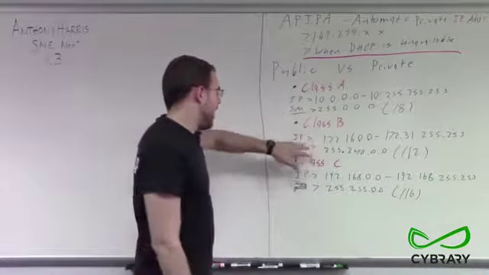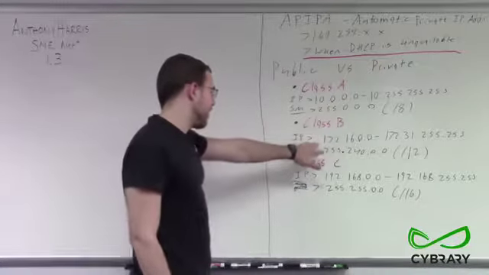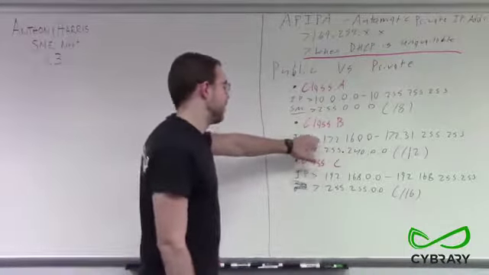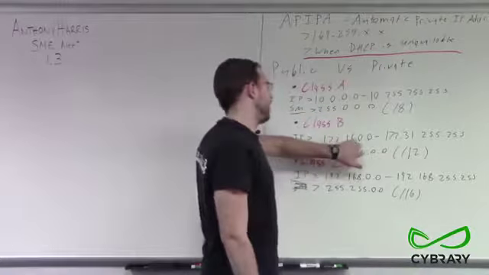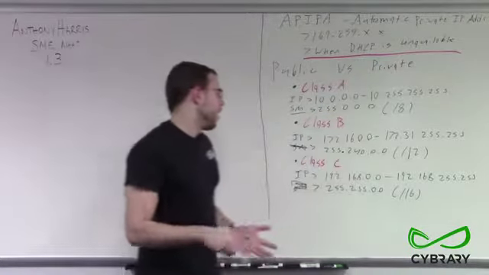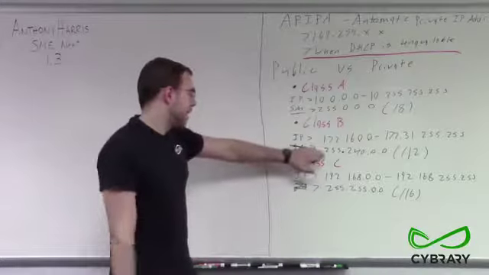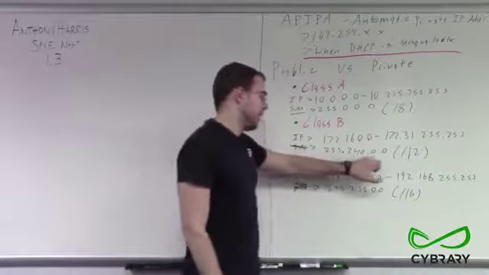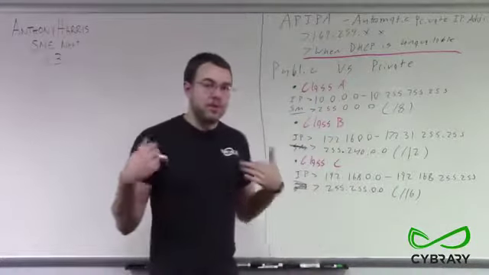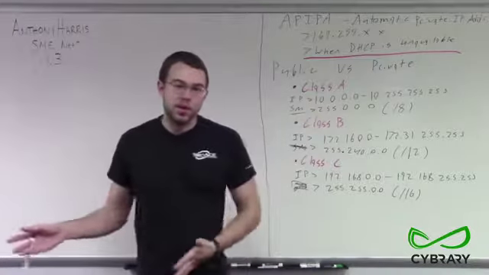If you were to take a Class B address, an IP address of 172.16.0.1, and use a subnet mask of 255.240.0.0, we would actually be doing something called subnetting, which we'll talk about in a little bit.